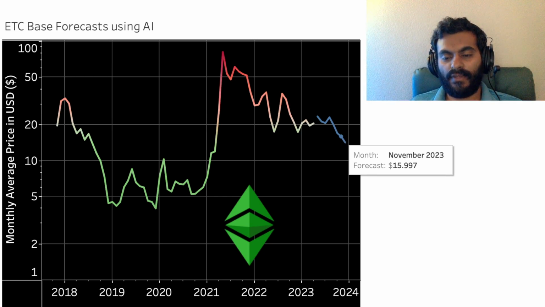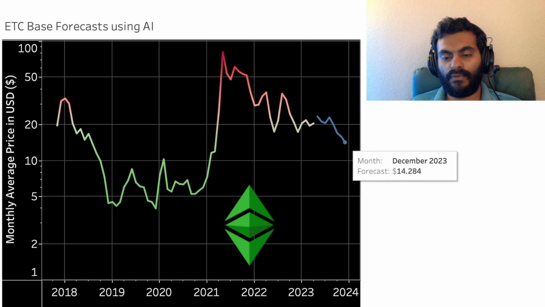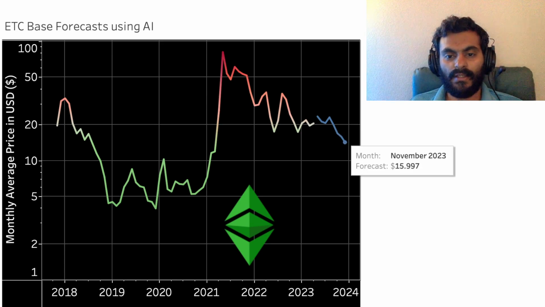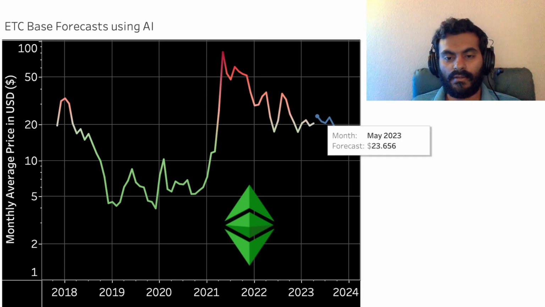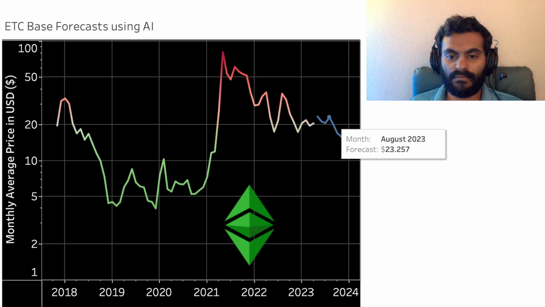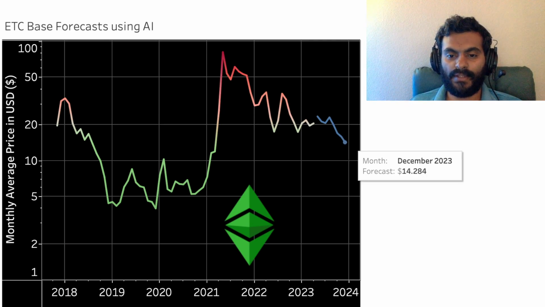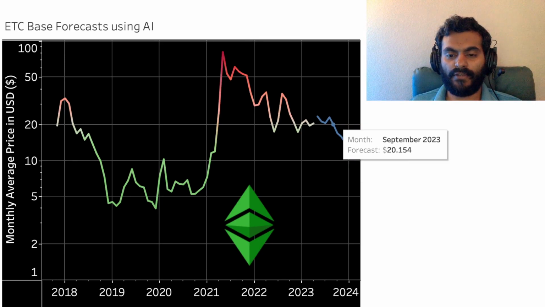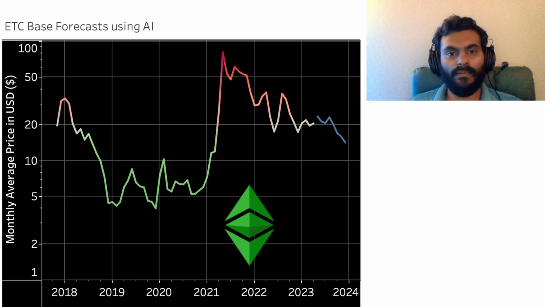For November, almost $16, and for December, $14.28. So the range is from $23.65 till $14. From the highs, this model forecasts that the price of the token will crash about 50%, from 23 to almost 14.28. So almost a 45 to 50% crash is forecasted.